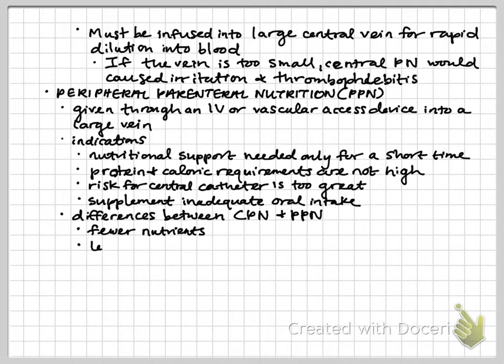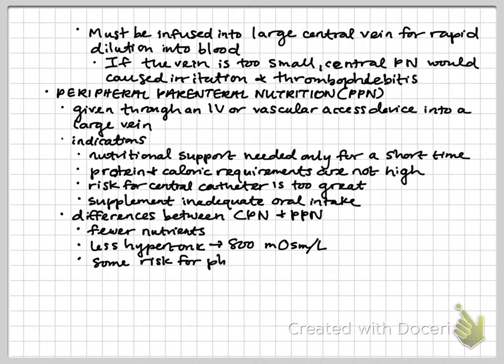It is therefore less hypertonic, about half of what the central is, which is 800 milliosmoles per liter for the peripheral parenteral nutrition. There is some risk for phlebitis, but not as great as central parenteral nutrition. And unfortunately, this may cause fluid volume overload, as it requires large volumes of fluid.